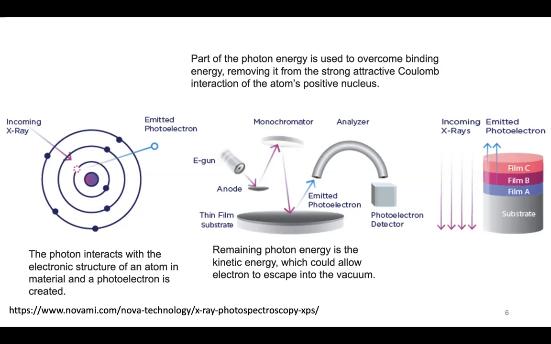So we'll talk about that in a little bit, how you can get higher resolution by controlling your pass energy. But the importance is that you need a monochromator so that the X-ray beam, when it comes in, is as fine resolution as possible. And then the emitted photoelectron will then be guided through this electron energy analyzer, which will then be detected. So it will spread out the energies.